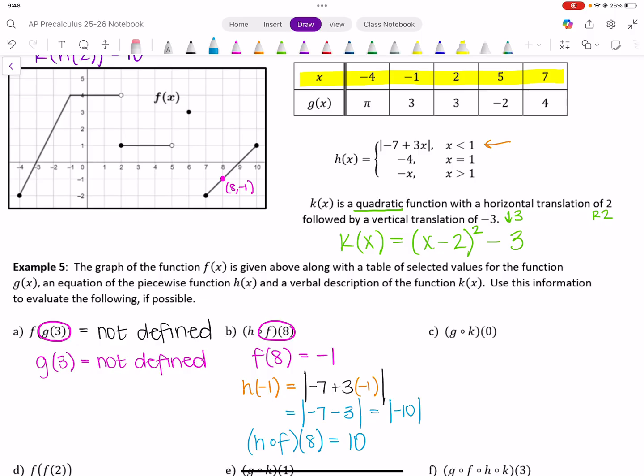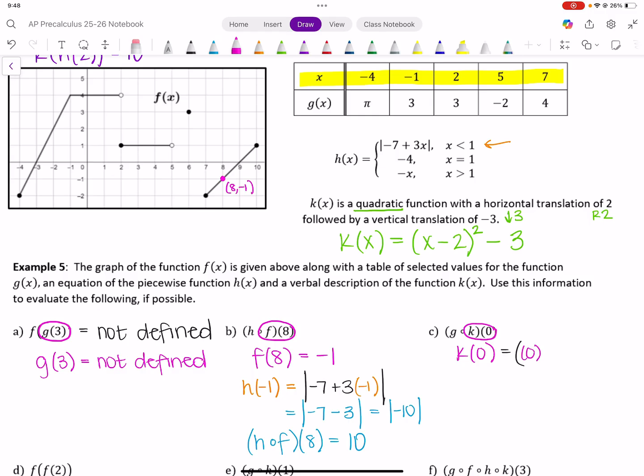So next we're going to take a look at g of k of 0. So remember, we move backwards, whether it's inside out or just moving from right to left, doing k of 0 first. K is our quadratic, so we're going to use our transformed quadratic.